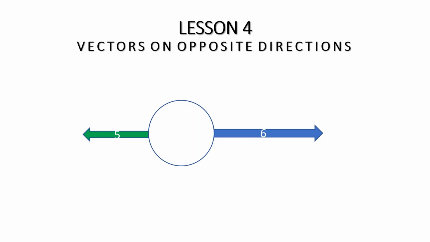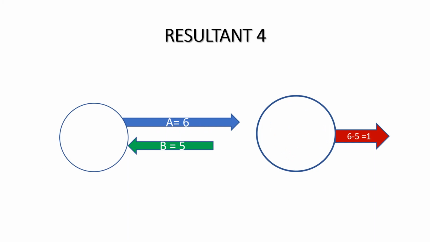Vectors in opposite directions. In this configuration, the magnitudes of the vectors have not changed. However, their directions have changed significantly. Here, the net force is a measly 1 newton, which is 6 minus 5.